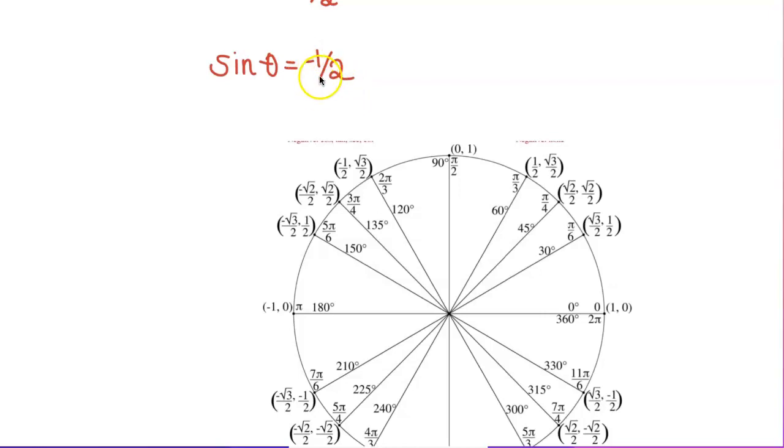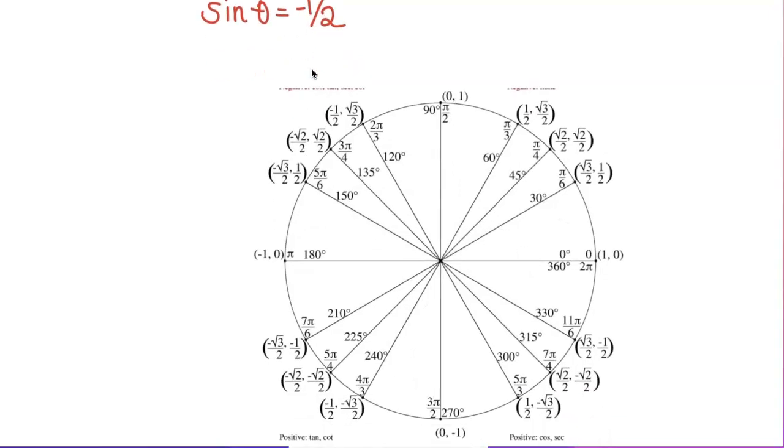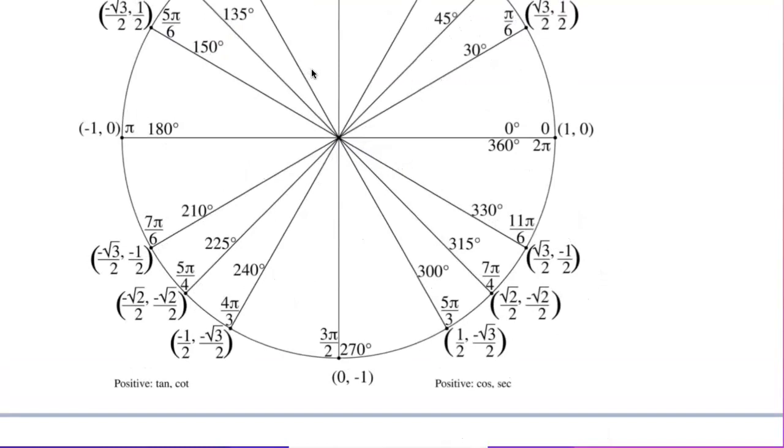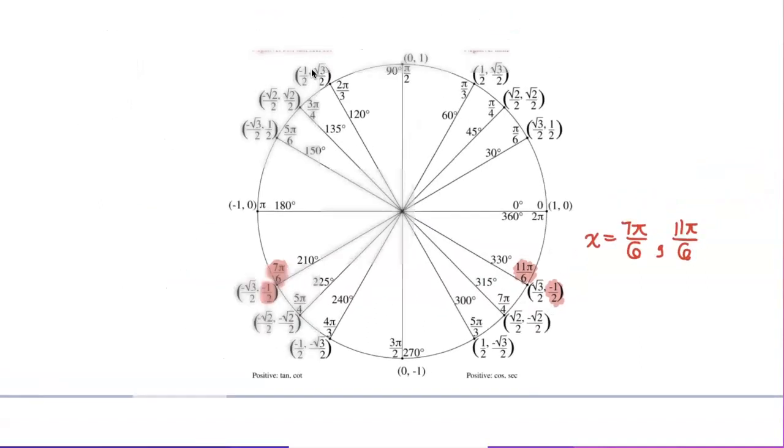So you are looking for the angle measures in the third or fourth quadrant below the x-axis. So who has -1/2 as their y coordinates? Oh, we got one right here. The first answer will be 7 pi over 6. I'll write down x equals 7 pi over 6. Is there another angle that has -1/2 as its y coordinate? Yes, right there. 11 pi over 6.